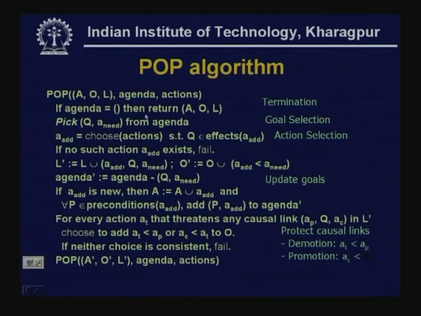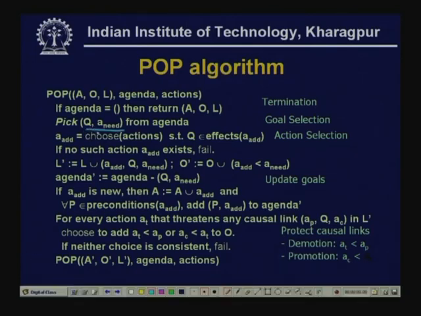So, this is the same algorithm written in a small fashion. Initially, we are given a partial order planning problem comprising of AOL, agenda and actions. If agenda is empty initially, then we return the current plan AOL. Otherwise, we pick Q, A need from agenda. Q is an open precondition of A need.